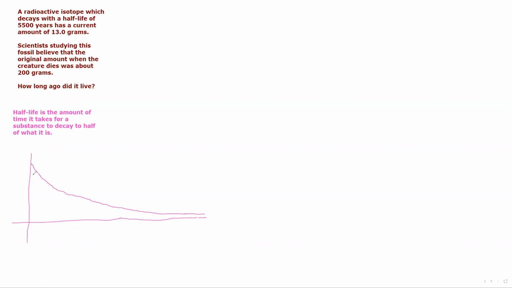So our question is, if we started with 200, when do we hit the point where it's 13? And if it's cutting in half, so if this is like the halfway point right here, that's 5,500 years into the past.